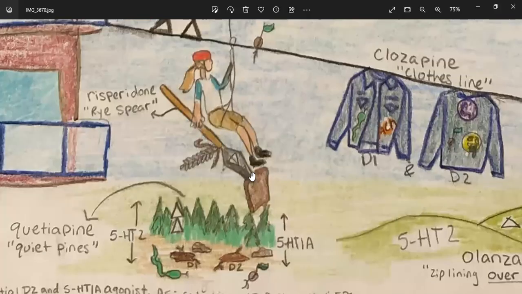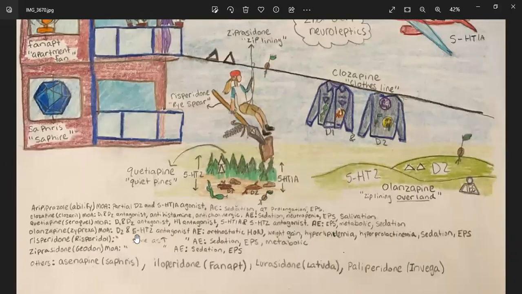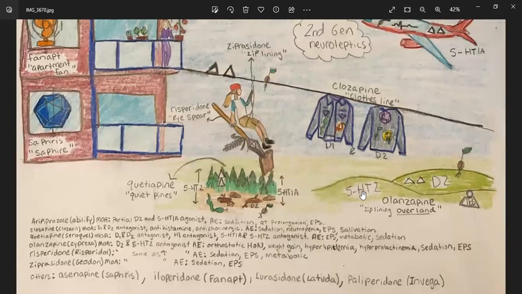So this spear that she's holding has rye bread on top of it. So rye spear. And it is also the same as this one. So both of those are D2, 5-HT2 antagonists. And their adverse effects are sedation, which is why there's a seed on the zip line.